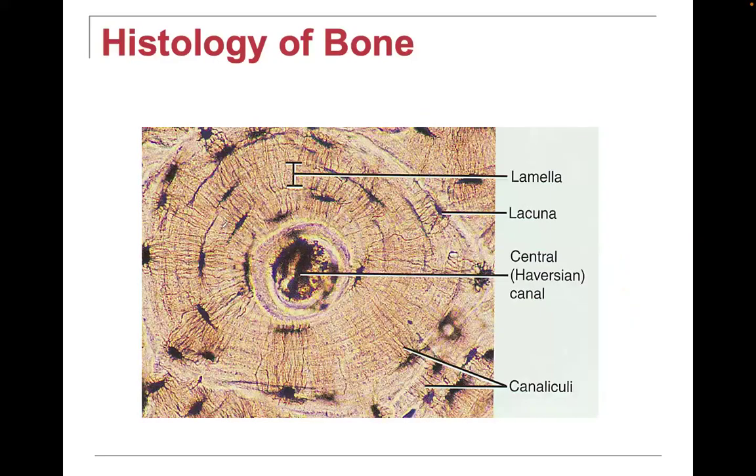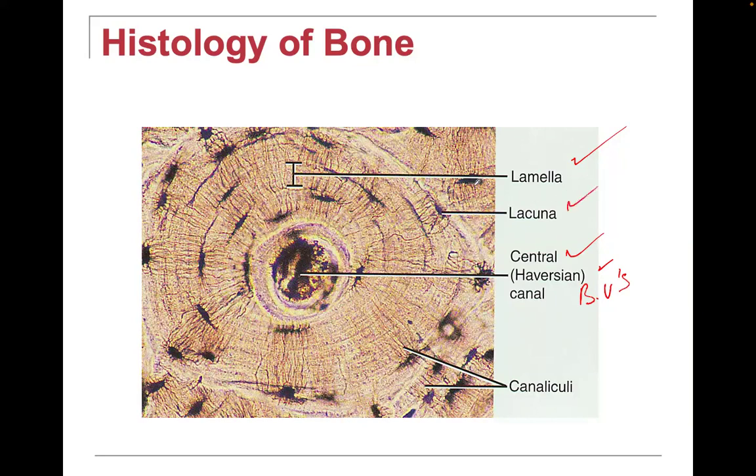So here's what an osteon looks like. These lamellae are the concentric rings. In the center, that's the central canal or haversian canal. That's where you have blood vessels, lymphatics, and nerves, all through the center.